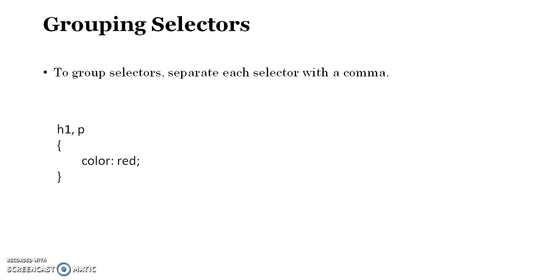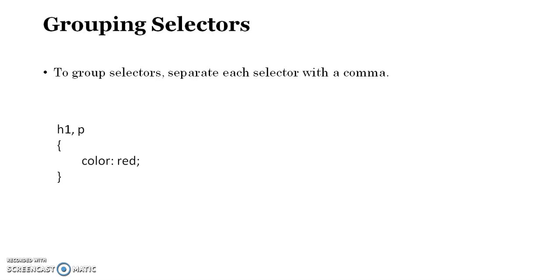Suppose you want to change the color of both your headings and your paragraphs, so you can group them in one code. So you can write h1 comma p and then whatever CSS code you want to write. Now this will minimize the coding. So grouping selectors is advantageous when you want to provide the same CSS code for different elements of your web page.